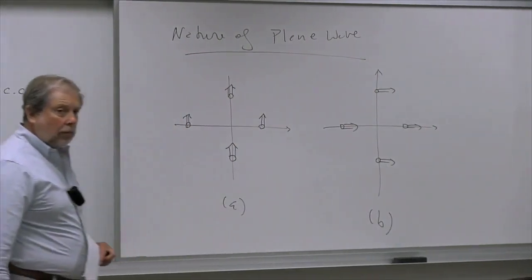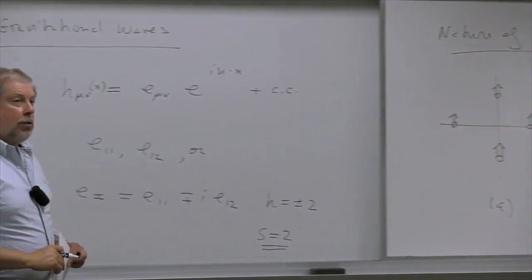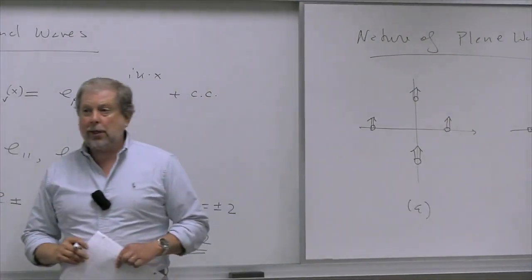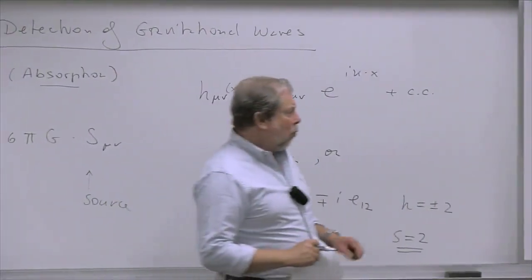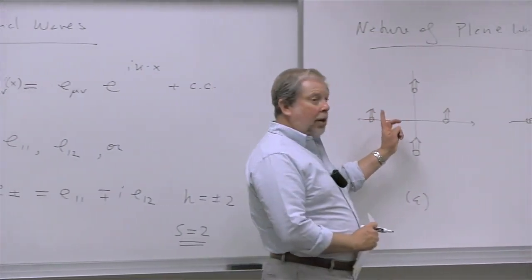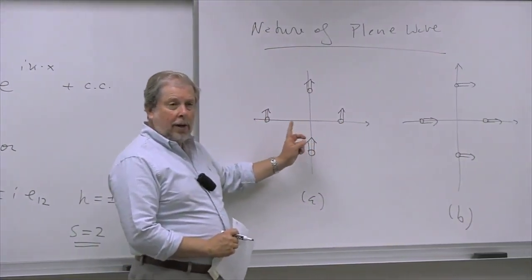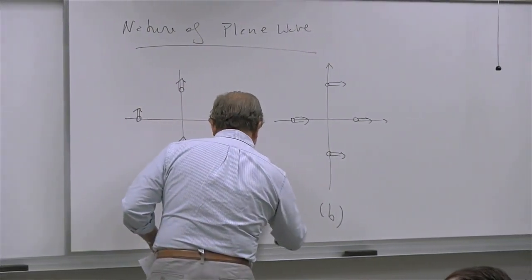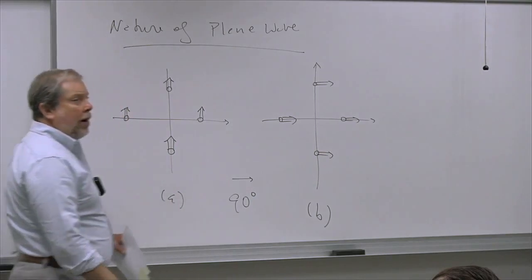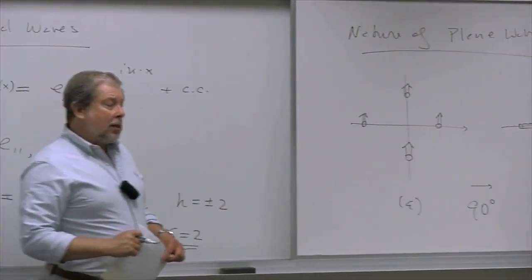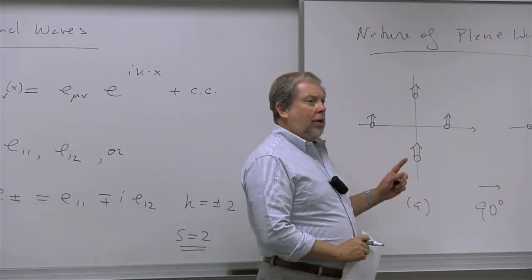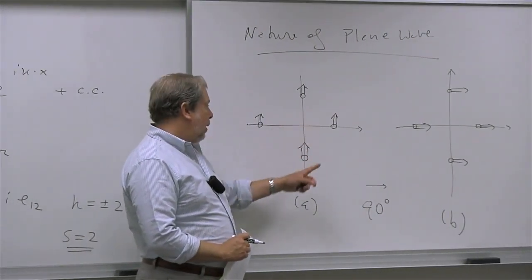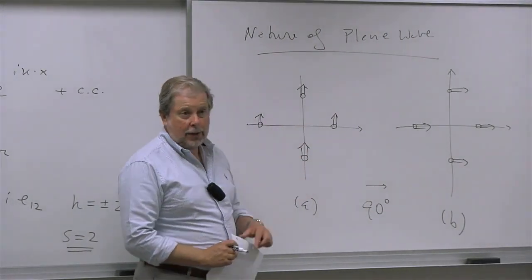And now we can look at how these two things are related to each other, an exercise that we often do when we study electromagnetism. We see that one polarization can be rotated into the other by just a 90-degree rotation. So that means that if you do a 180-degree rotation of this one, then you will bring it back into itself with a minus sign.